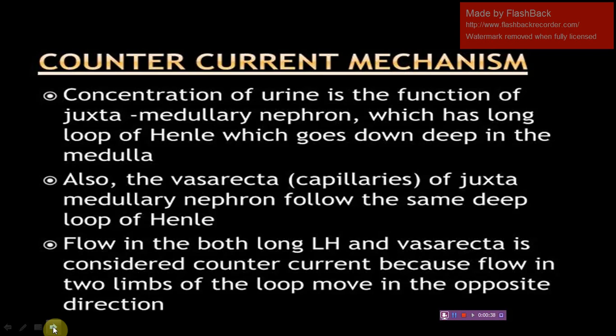Also the vasa recta capillaries of juxtamedullary nephron follow the same deep loop of Henle. Flow in both the long loop of Henle and vasa recta is considered countercurrent because flow in the two limbs of the loop moves in the opposite direction.